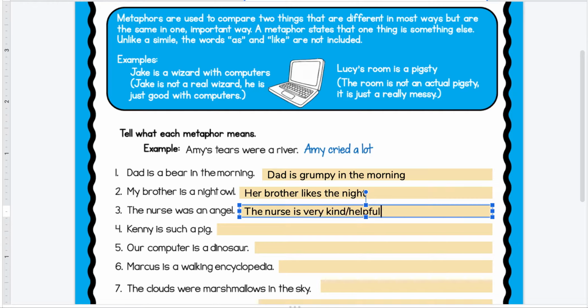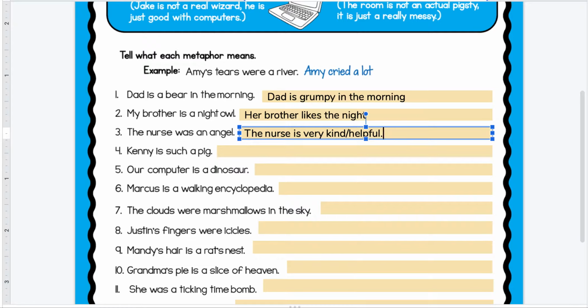So you'll do this. Kenny is such a pig. You see how we're saying one thing is something else. Kenny is a pig. So this could mean lots of different things. Maybe they're talking about he doesn't clean very well. He doesn't keep a tidy room. Maybe he's not a very nice guy. Maybe he eats a lot.